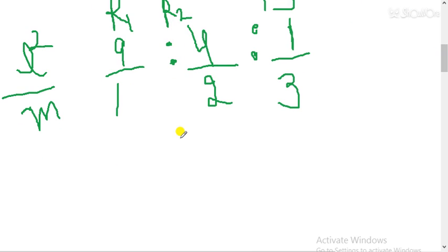So if I have to make it into simple ratio, I will multiply this ratio with 6. Or you can say here, wait. I can write this ratio as 9 ratio 2 ratio 1 by 3.